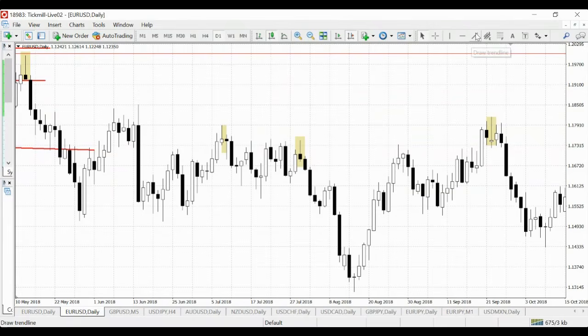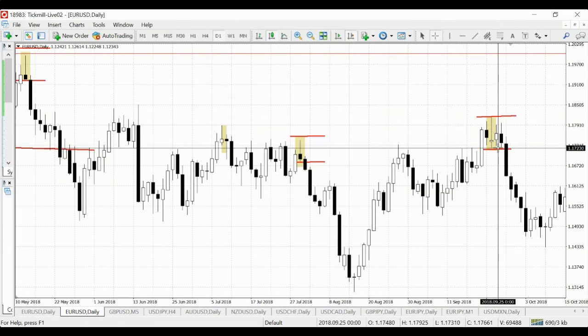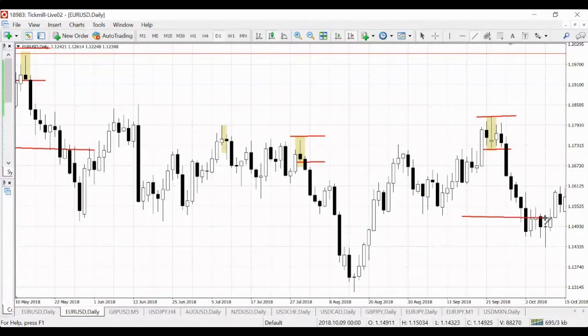If we want to trade these, again I would be placing sell stops, and I would be placing my stop loss above the bar. This one here, I would be placing a sell stop signal here and a stop loss right here. And again, I would be doing the same exercise of where to take profits and where to place my stop loss.